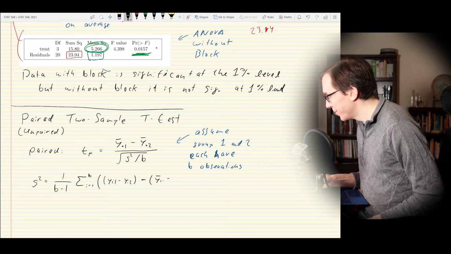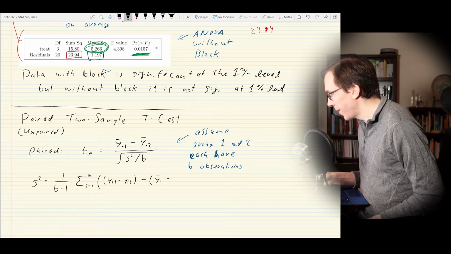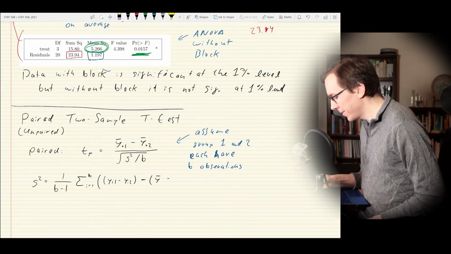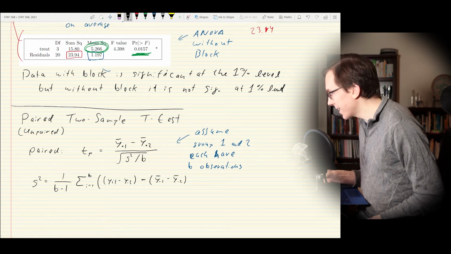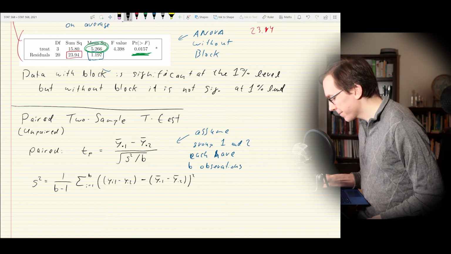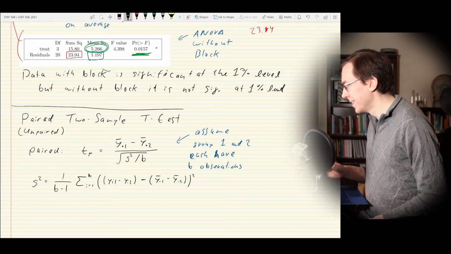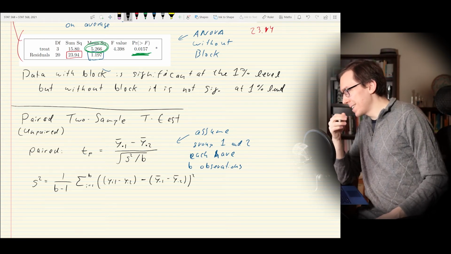Oh, I got this backwards in my notes, another little typo. I have to keep track of all these so that I can correct them for future versions of these lecture notes. Something like that is our variance here.